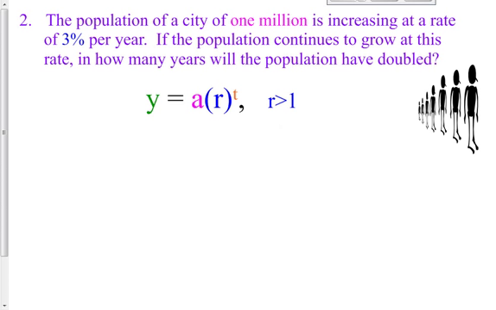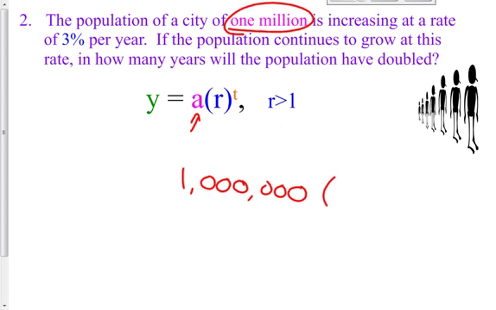So let's start off with our initial amount right here, class. How many people does this city have? It has 1 million. So we're going to write 1 million for our A value. The rate is going to be growth, so you know it has to be a number that's bigger than 1. It's 3%, so 0.03 is our decimal. You have to add this to 1.